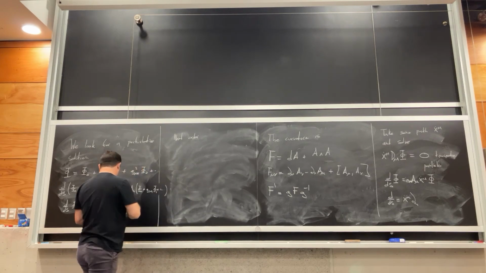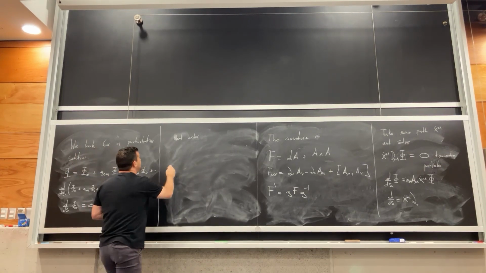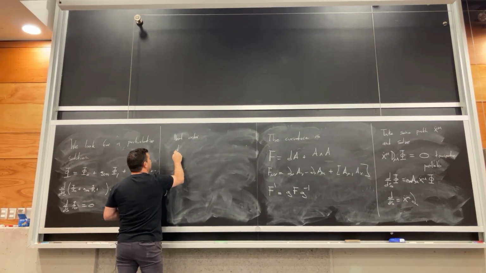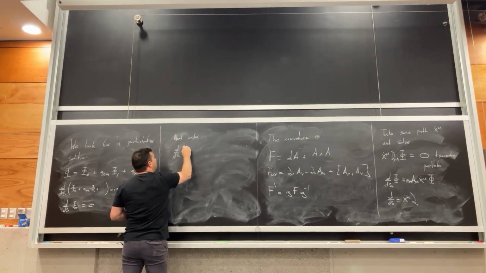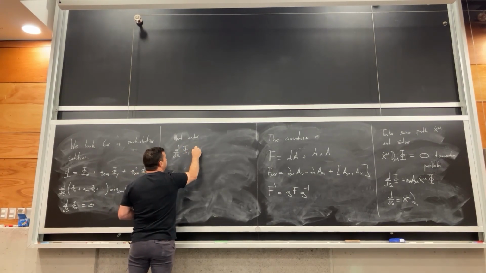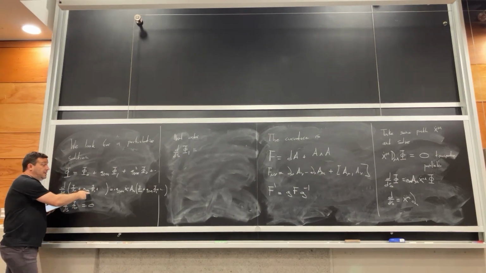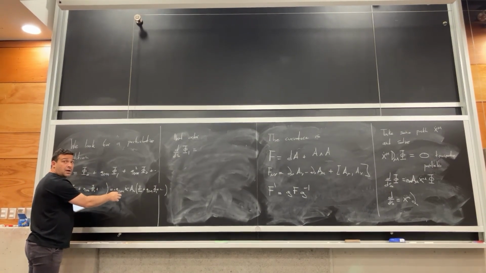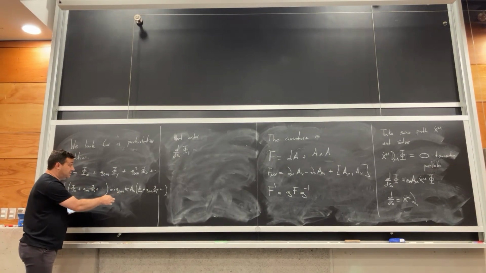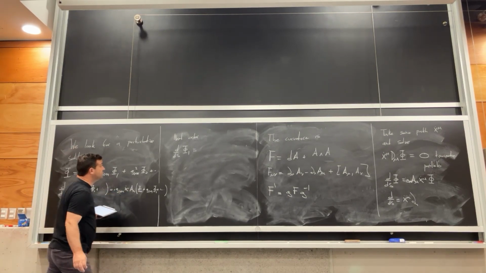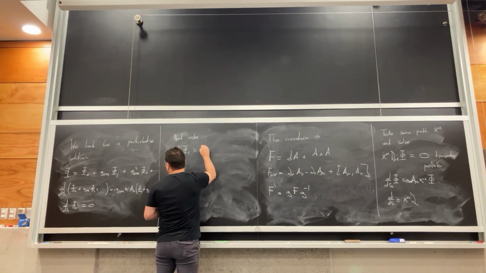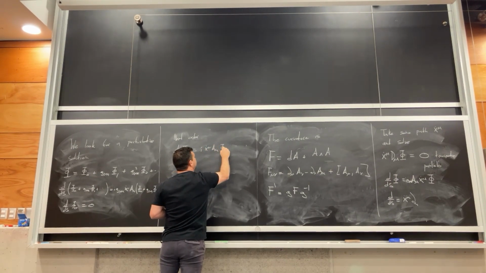So next order, I will have d/ds of phi 1, right? So it'll be this term. And what is the order 1 term on the other side? Well, it's phi 0. So this will be I x dot mu, a mu, phi 0.